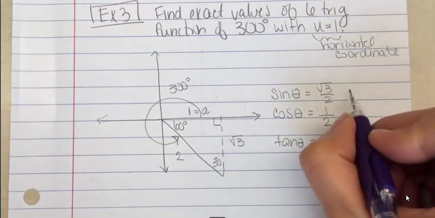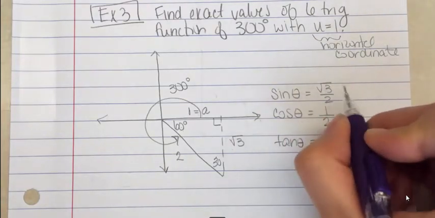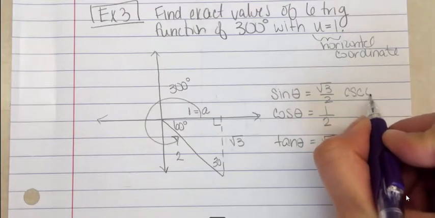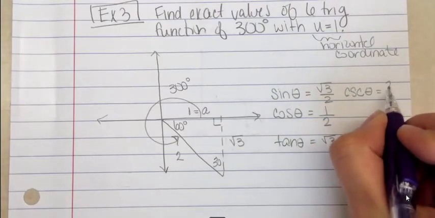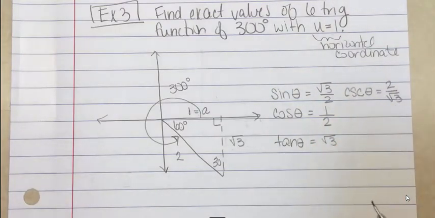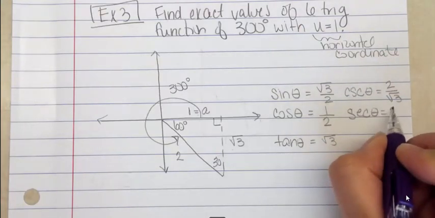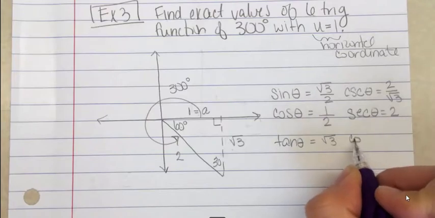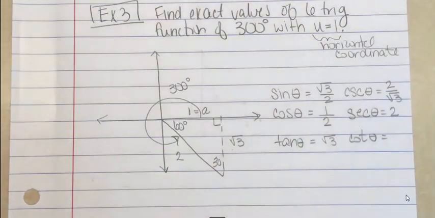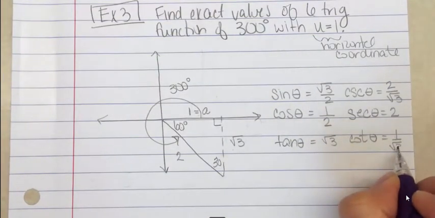And then I can go through and I can do the reciprocals of these. So cosecant theta is going to be 2 over root 3. Secant theta will be 2. And then cotan theta will be 1 over root 3.